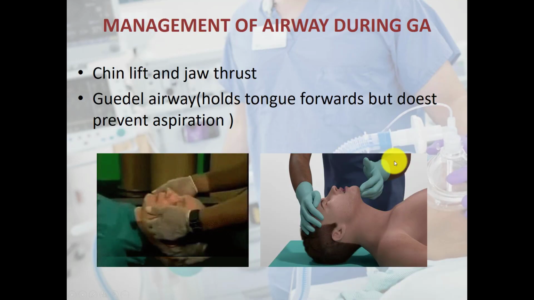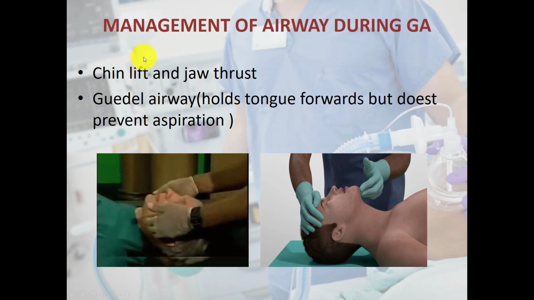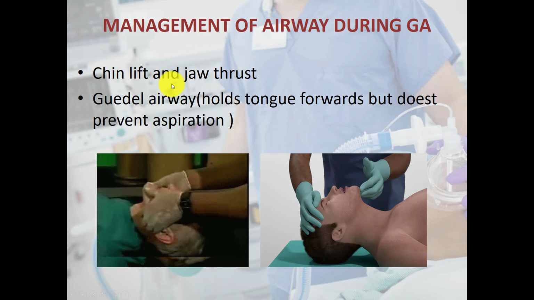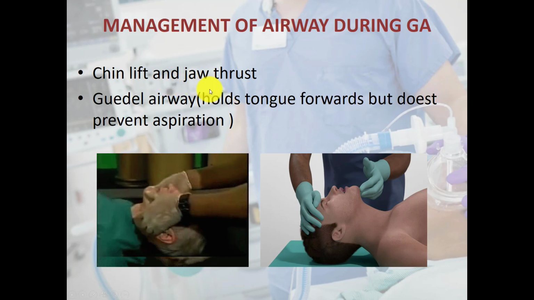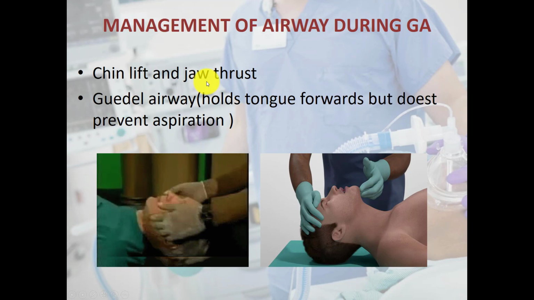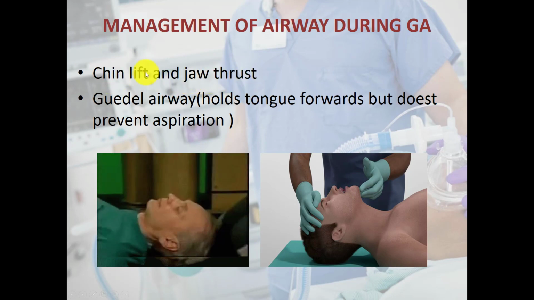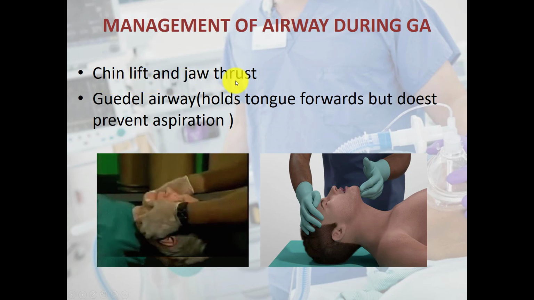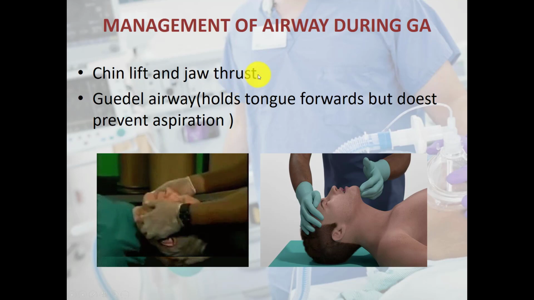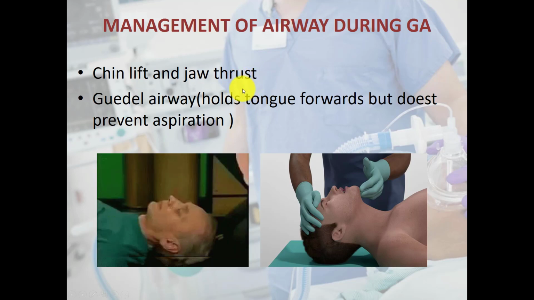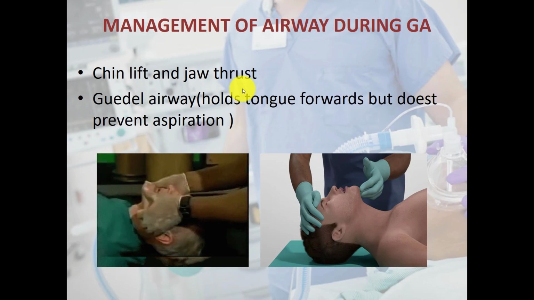Okay, how do we manage the airway during general anesthesia? This is the most common maneuver just at the start of anesthesia, and if the procedure is very short and we don't have to use the endotracheal tube, we can maintain the airway just by chin lift and jaw thrust, but this is very rare. Usually we maintain the airway by the endotracheal tube or laryngeal mask airways.